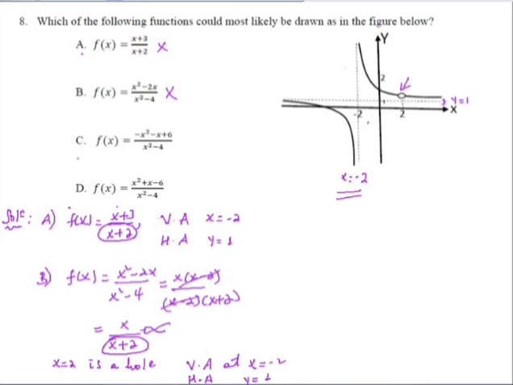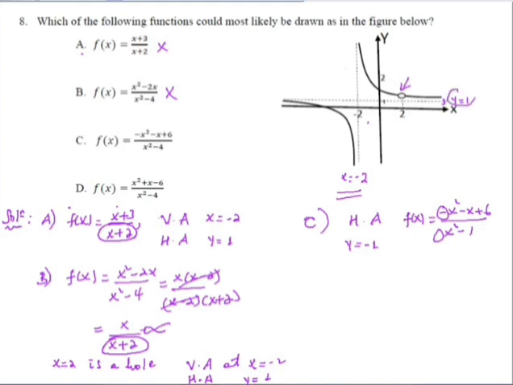Let's see the case in C. The case in C immediately fails because the horizontal asymptote for the given function f of x equals minus x squared minus x plus 6 over x squared minus 1 is y equals minus 1, dividing the coefficients of the numerator and the denominator since the degrees are equal.